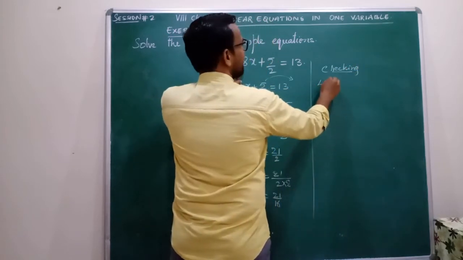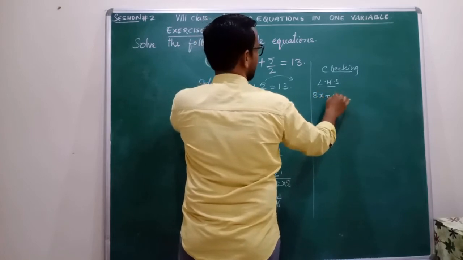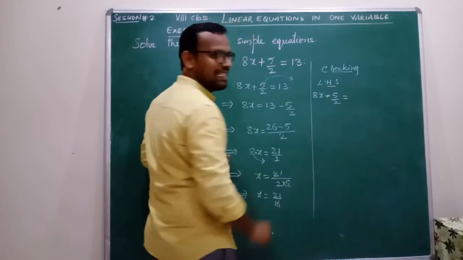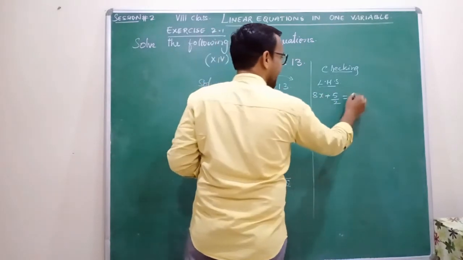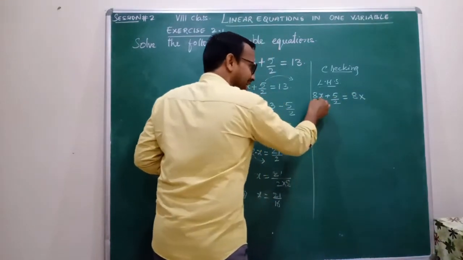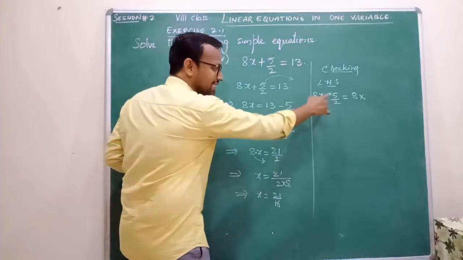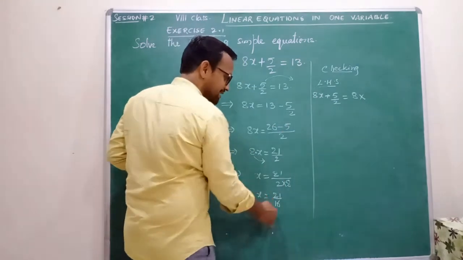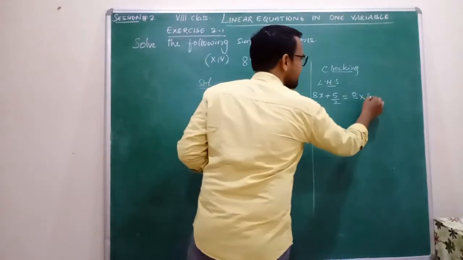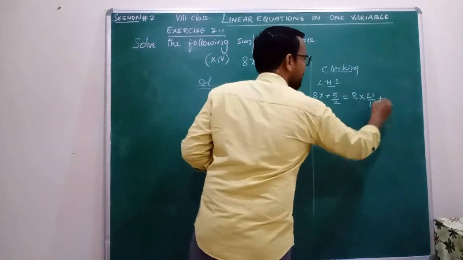We will take the LHS, 8x + 5/2, which is 8 into x. What is the value of x we got? Let me substitute the value of x in that. In place of x, I am writing 21/16, and after that, + 5/2.